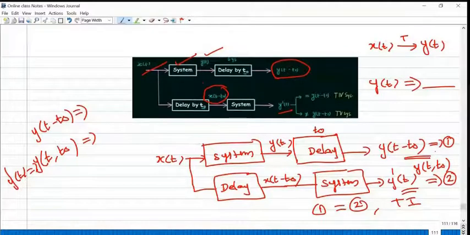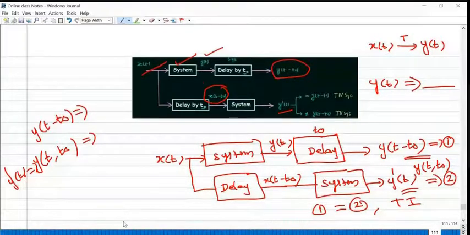Equation number 1. Now the second expression: assume our input to the system x of t itself is delayed by the same amount of time. Now the system responds with some output. This output should be equal to the first output. Then we can say this particular system is a time invariant system.